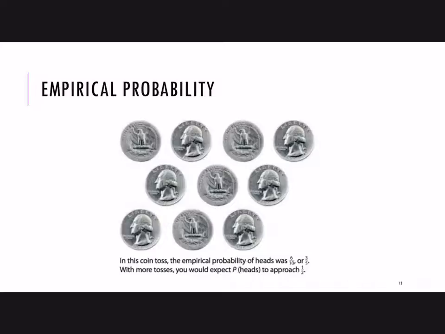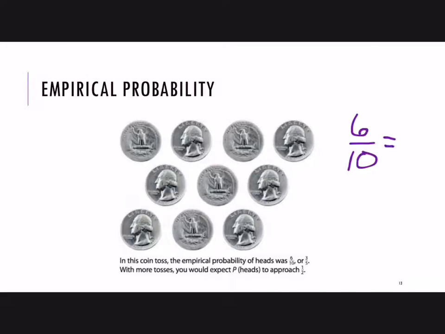Here's another coin toss, and you can see from this one the empirical probability of getting heads is 6 out of 10. There are 6 heads showing, and there are 10 different coins that were tossed. Or you could think of this as one coin tossed 10 times and then recorded through pictures like this.